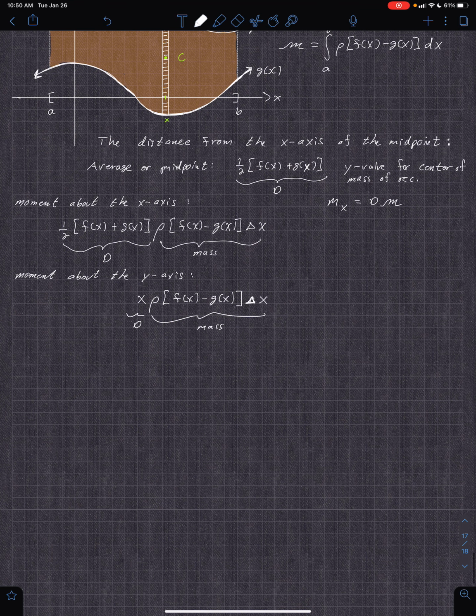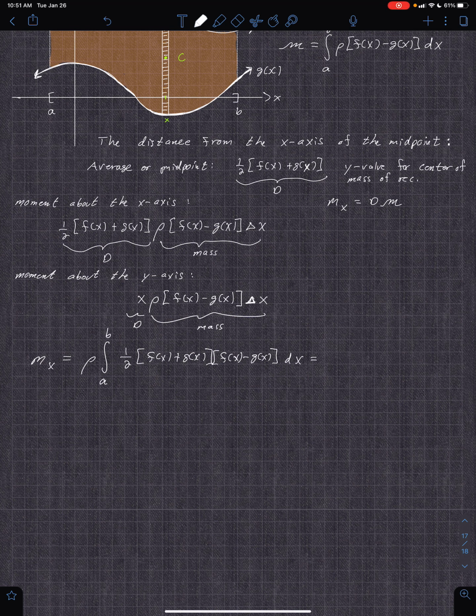So let's look at the moment about x. The moment about the x-axis will be rho, if it's constant, integral from A to B of 1/2 f of x plus g of x times f of x minus g of x dx.